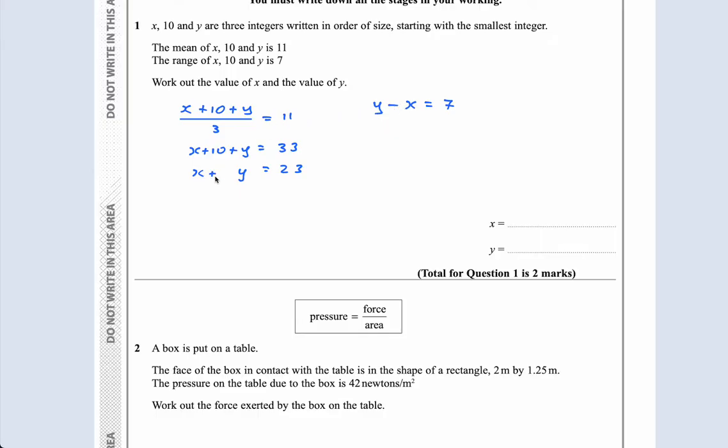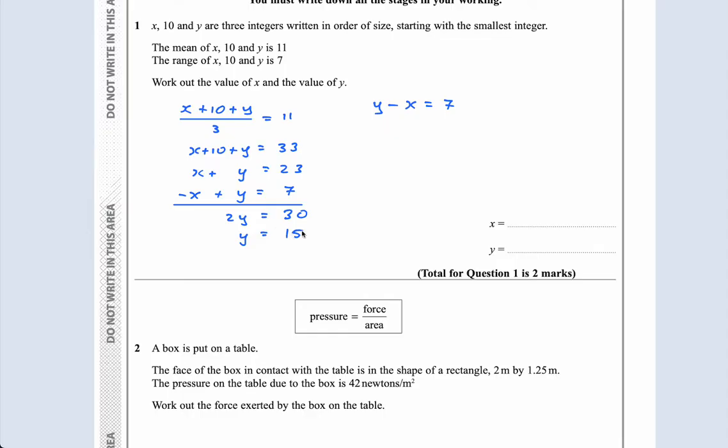So look, x plus y equals 23, and minus x plus y equals 7. Then I can add them together to eliminate the x, and I get 2y equals 30. 23 plus 7 is 30, and y is equal to 30 divided by 2, which is 15.